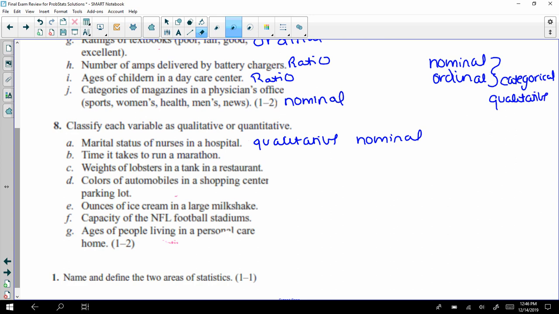All right. Time it takes to run a marathon, that's quantitative. Anytime you're talking really about a number, it's usually quantitative. Weights of lobsters is quantitative. Colors of automobiles, colors are always qualitative. Those are categories. Ounces of ice cream, quantitative.